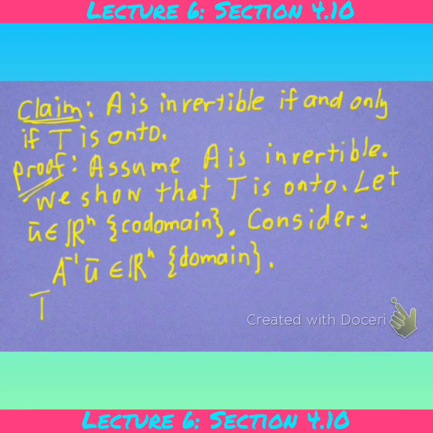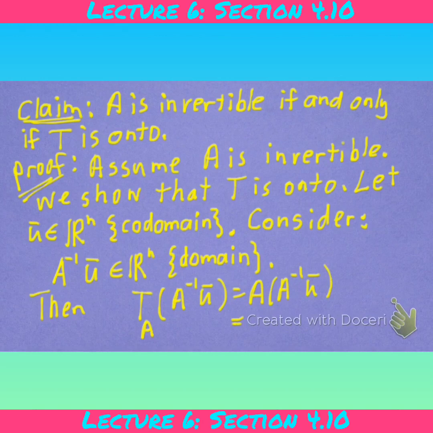Then, because A is a standard matrix, if you look at T at that point, what it does is it maps it to that point, and that is U bar.